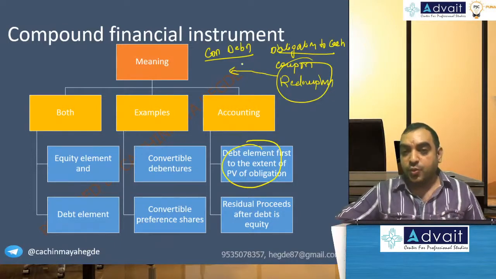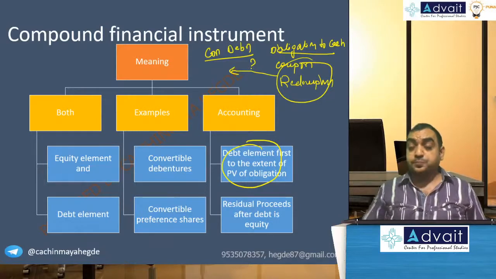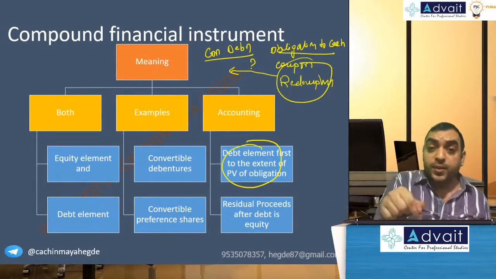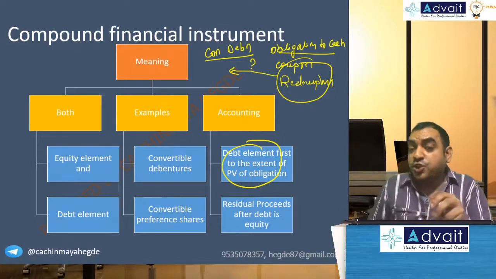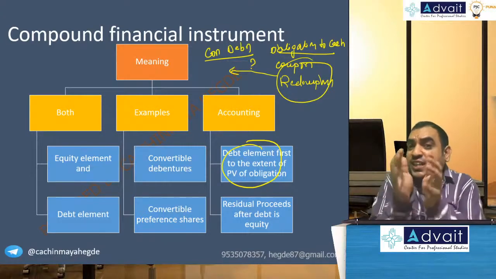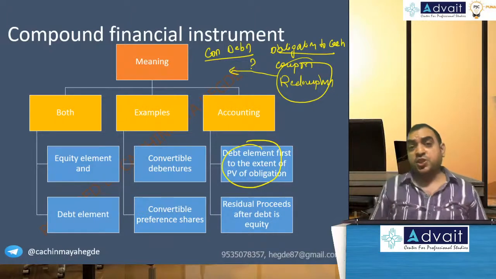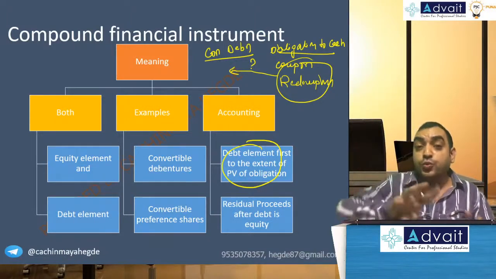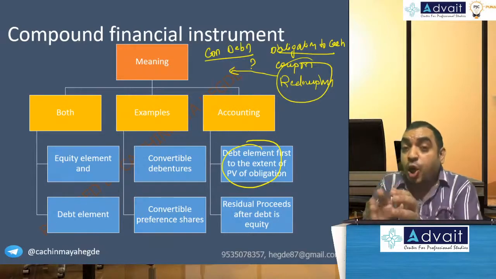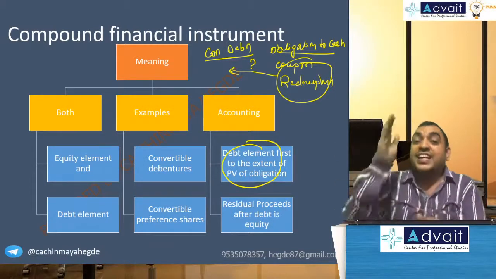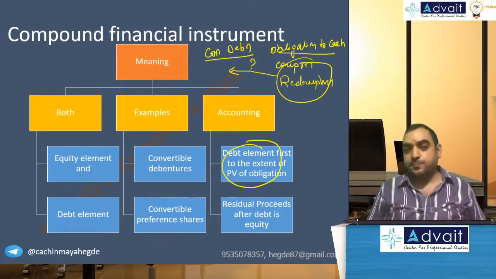And how do you discount? The discounting should not be convertible debenture discounting rate. Why? Because the convertible debenture coupon rate has an element of conversion option also. It's a mixture, it's not pure liability. So don't use convertible debenture coupon for discounting. You have to use non-convertible debenture for discounting, because that non-convertible debenture coupon rate reflects pure liability, required rate of return.